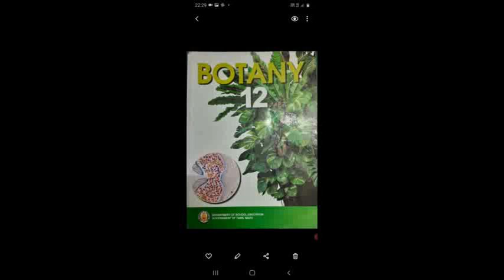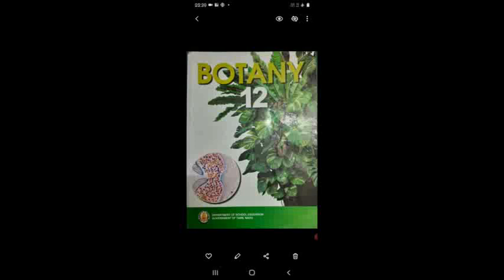First stage is pre-fertilization. Under this topic, we have seen the male sex organ, androecium, microsporogenesis, formation of microspore, development of anther and TS of anther.